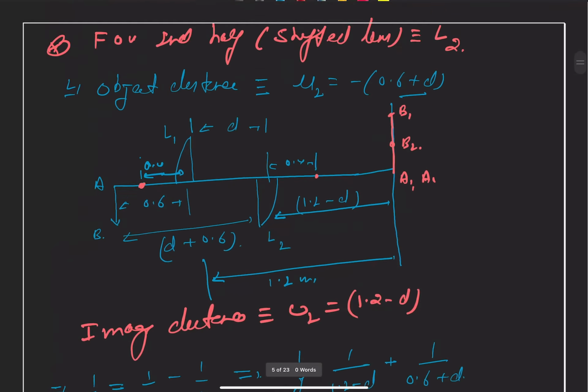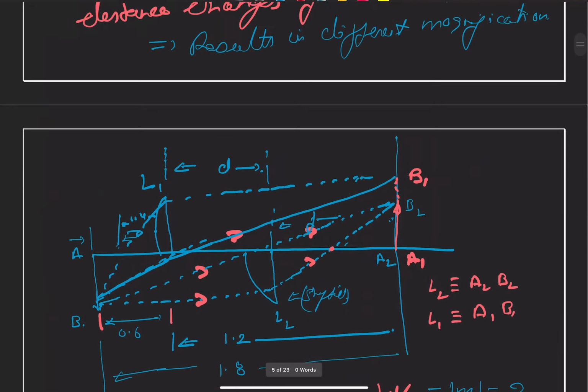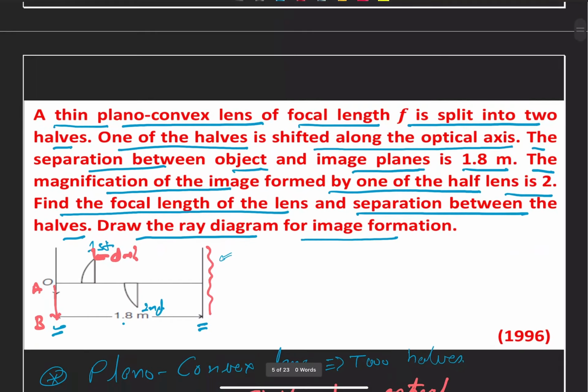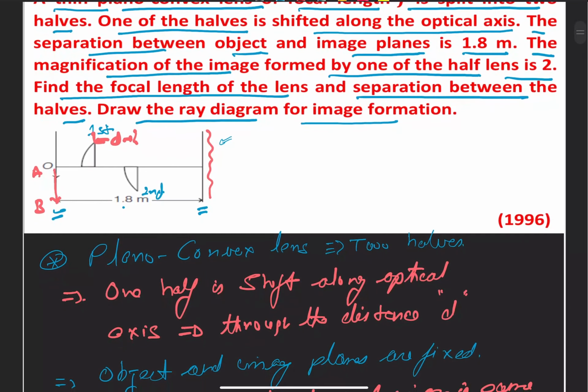So I think these were the only things which were asked in this particular question. Yeah, find the focal length and the separation between the both halves.